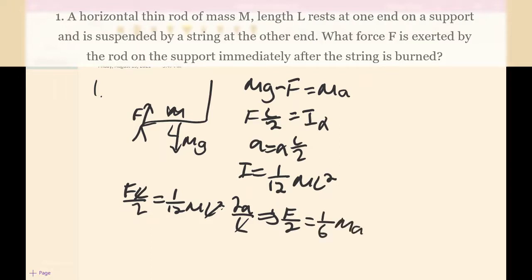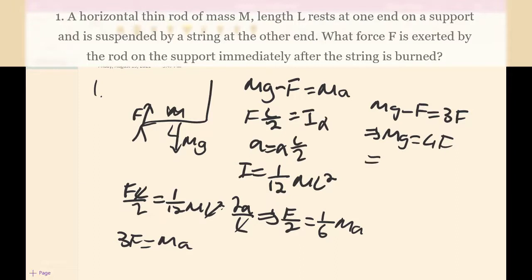So we get that 3F is equal to ma. Now we can return to the first equation. mg minus F is equal to 3F, which means that mg is equal to 4F, so F is just equal to mg over 4. So that's the answer to number 1.